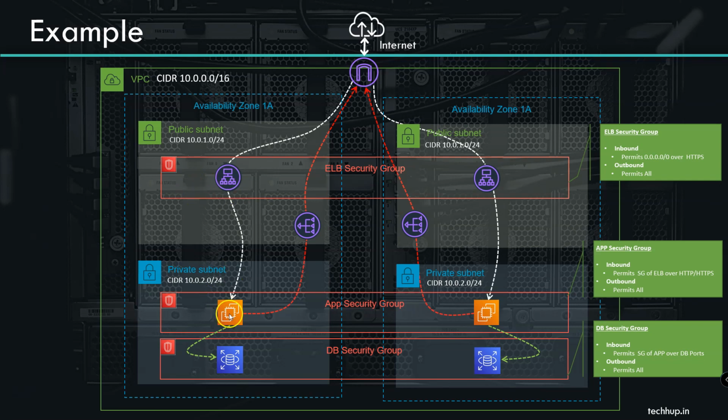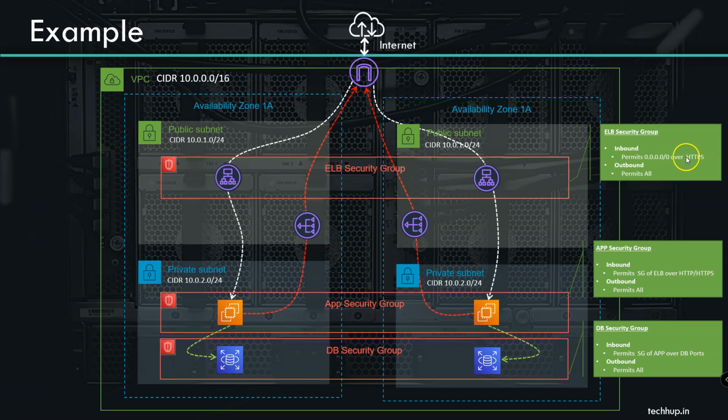Here you are not exposing your application directly to the internet, and you are placing it in a private subnet so that they don't acquire any public IP or elastic IPs. These instances are always running on private IP, but at the same time the internet request is getting routed to them via the elastic load balancer, and from that layer itself you are starting to filter the traffic.